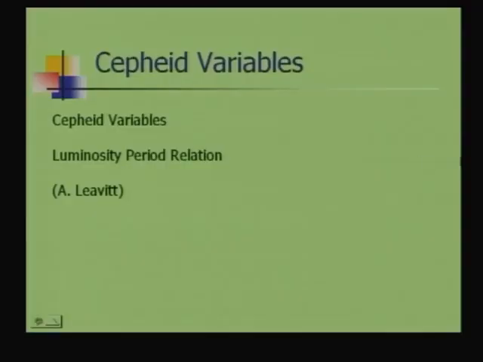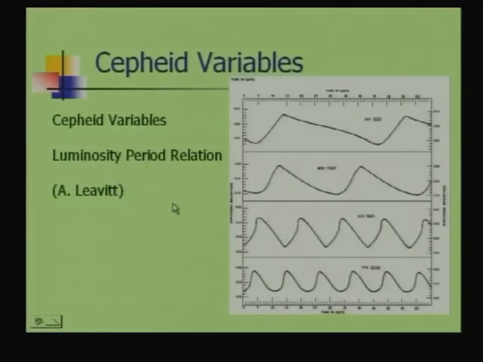Okay. So the third distance estimator is the Cepheid variables. What are the Cepheid variables? The Cepheid variables are stars which are unstable. The luminosity of these stars changes with time.